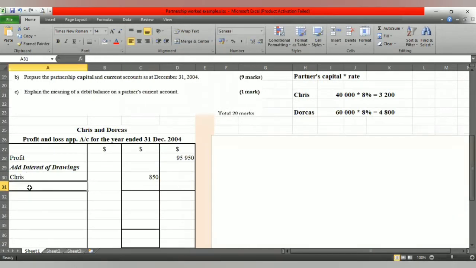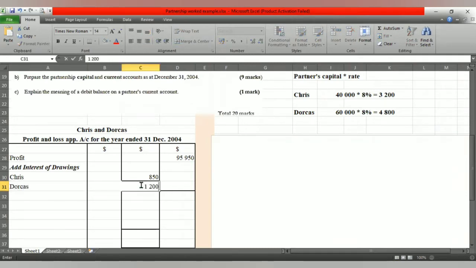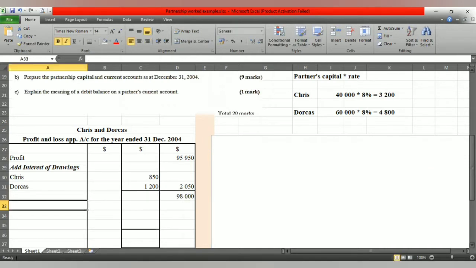We're going to add these two values together to give us total interest on drawings, and that is $2,050. This $2,050 is added to the profit. Remember, this increases the profit, so therefore we are adding, and the amount right there is $98,000.